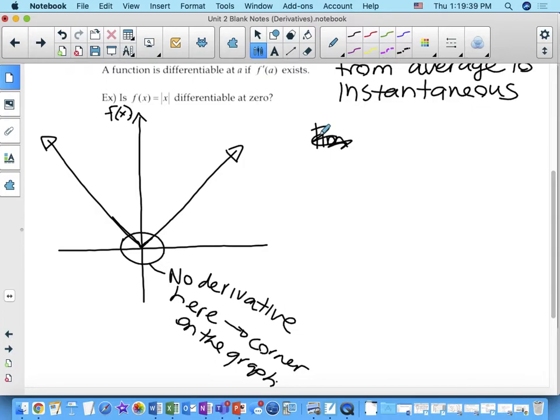What's the slope of this line? This is the line y equals x, right? What is the slope of this linear function? 1, okay? This is the line y equals negative x. What's the slope of this function? Negative 1. So this is going to be what the derivative looks like. Not differentiable at 0.